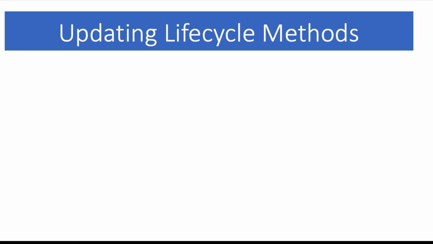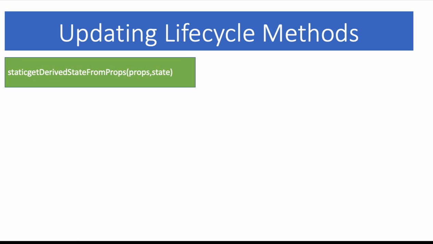The first method we are familiar with. This is static getDerivedStateFromProps, which takes 2 parameters. We say this is a static method which receives props and state as parameters and has to return either null or an object that represents the updated state of the component.